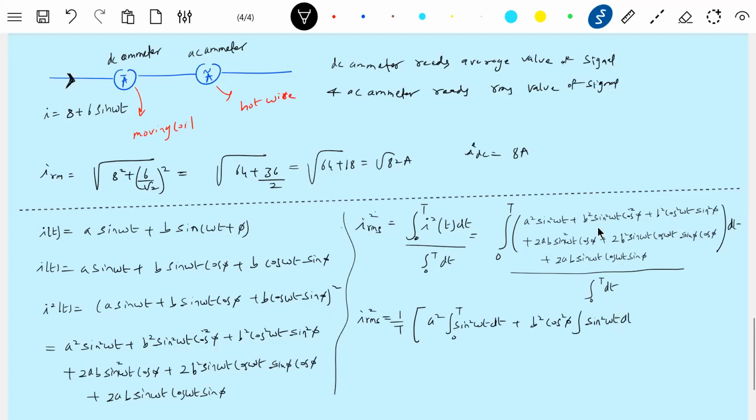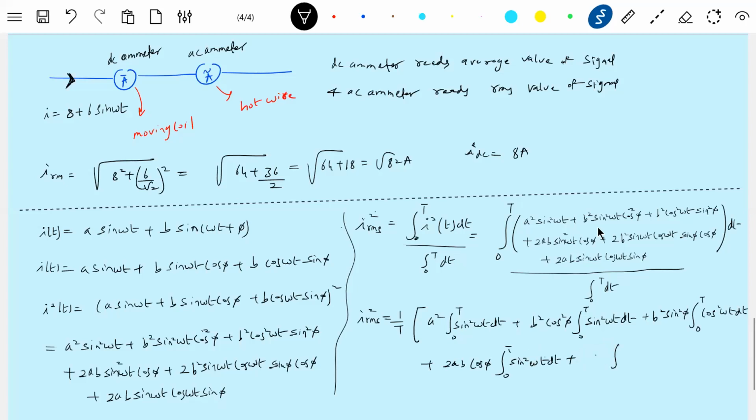I think the end answer will help us to generalize it. So many terms will cancel out. We already know the previous integration we did. 2b square.